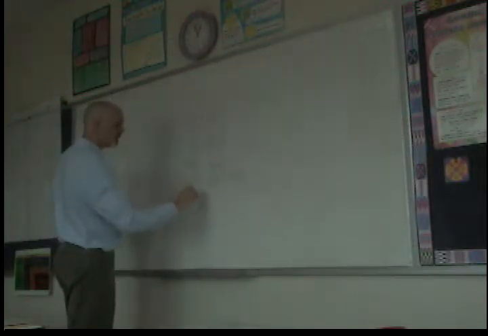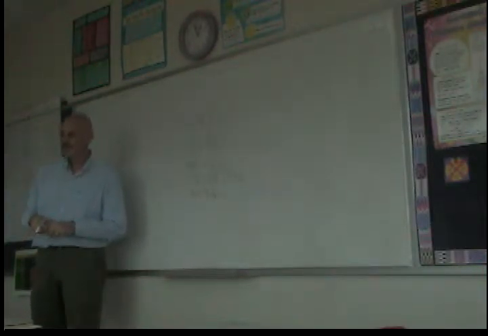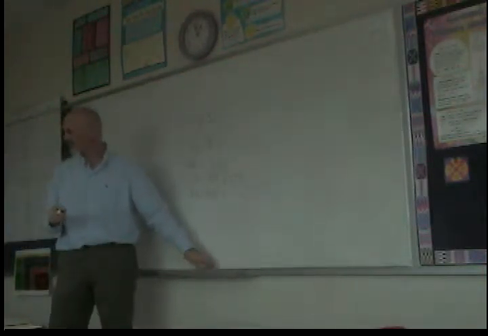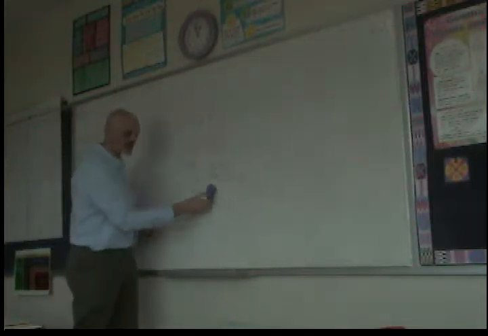Would it be the same thing if we went the other way? If we had 30 minus a negative 16, would we get the same thing? Is subtraction commutative? No. Subtraction is not commutative, is it? So we wouldn't get the same thing, we'd get a positive 46. So you have to make sure you go the correct way. Okay?